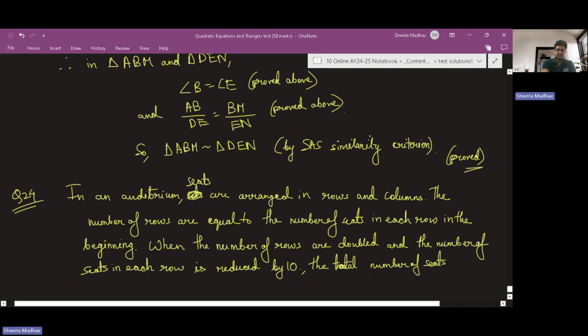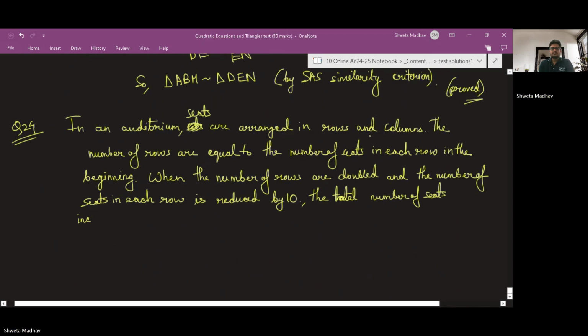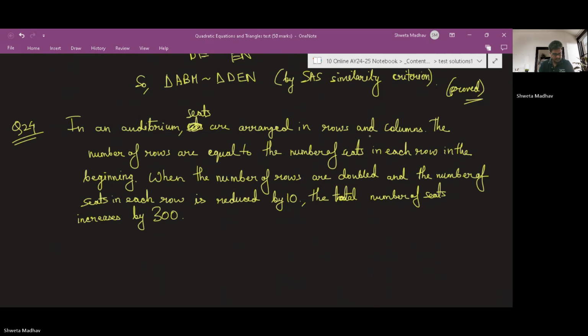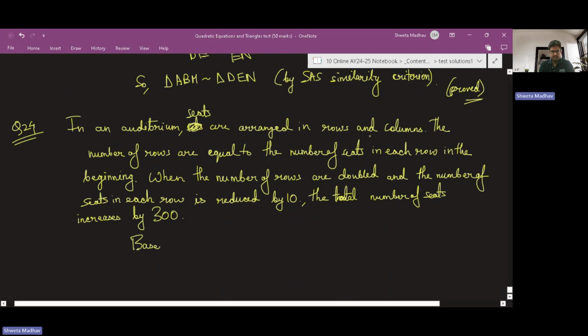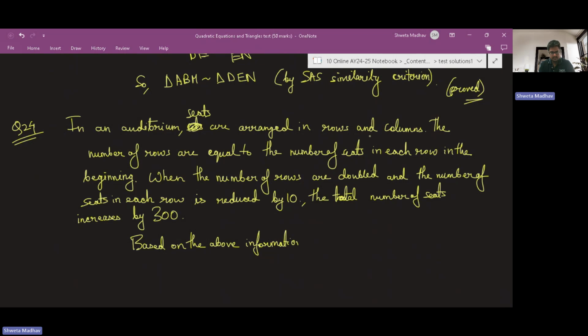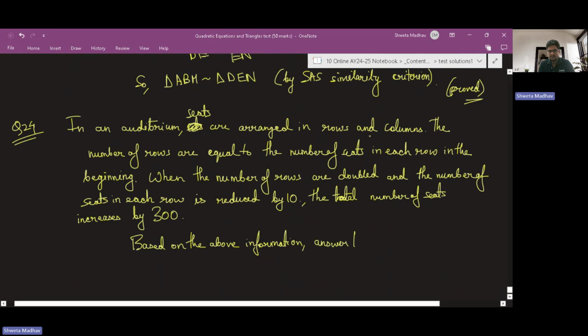The total number of seats increases by 300. Then based on the above information, answer the following questions.